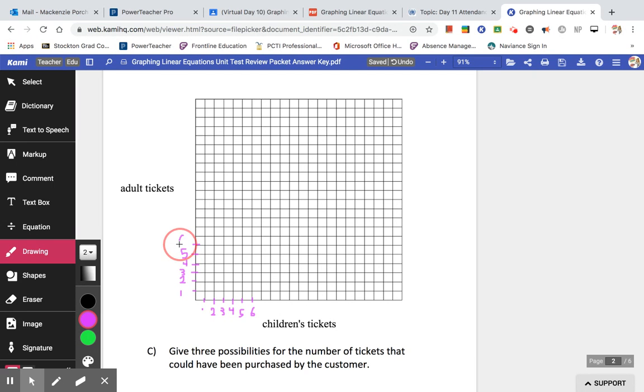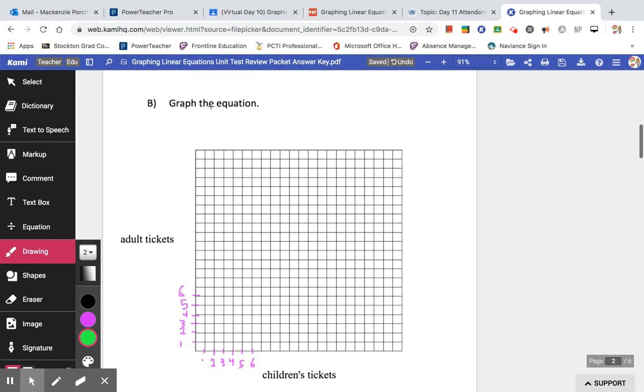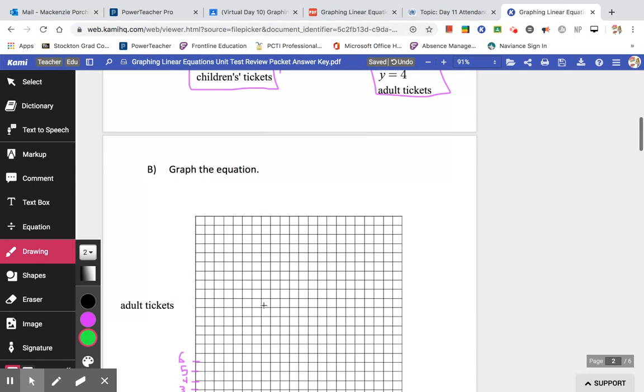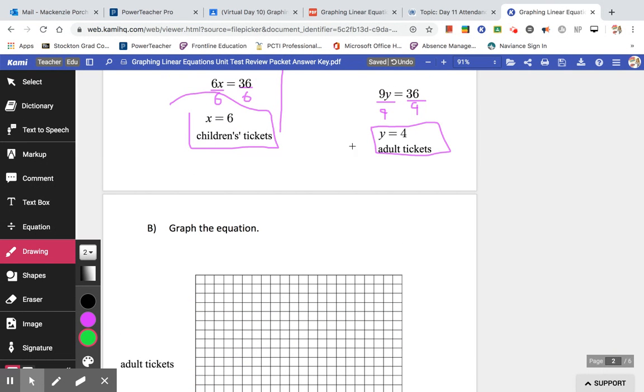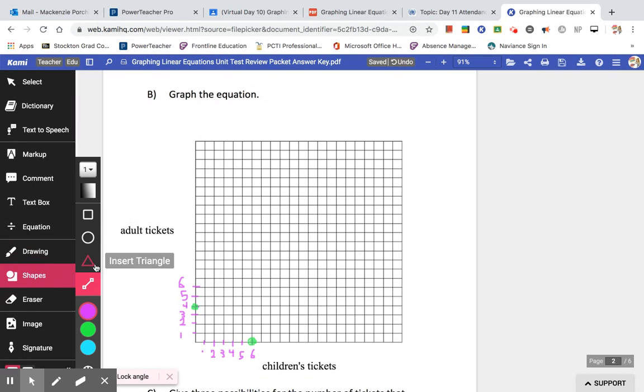Okay, and remember that intercepts are where it hits the x and y axis. So when I go to graph it, x equals 6 on the x-axis, so that's where we put our first dot. And on the y-axis, y equals 4, so I'll put my dot on 4. If you remember from graphing, all you need to graph an equation is 2 points.